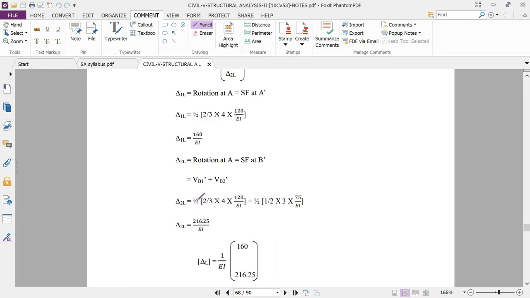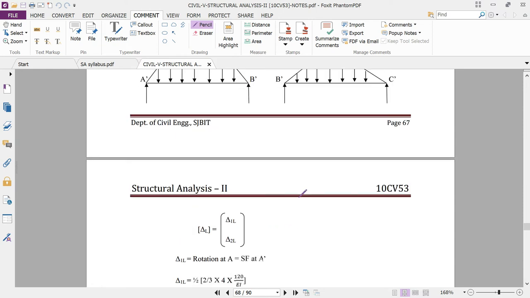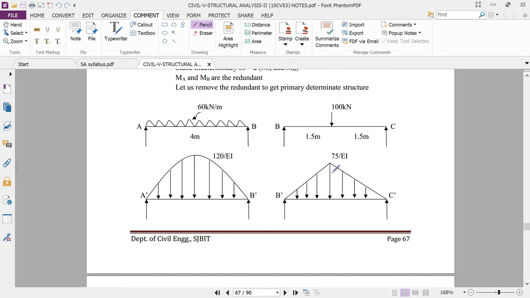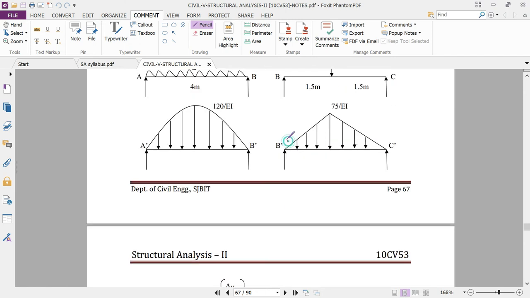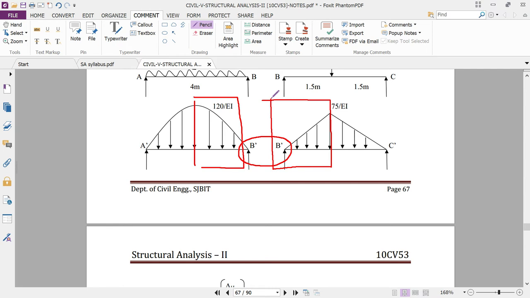Delta 2L is equal to half of 2/3 into base into height, plus 1/2 into base into height. This value we have to consider because we are going to calculate the shear force at B. If you want to calculate the shear force at B, then the contribution of this half portion and the area of the diagram have to be considered.